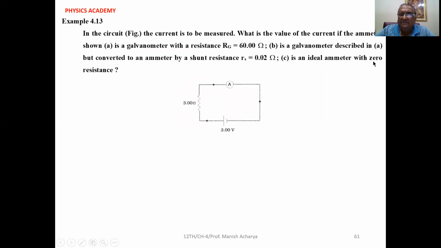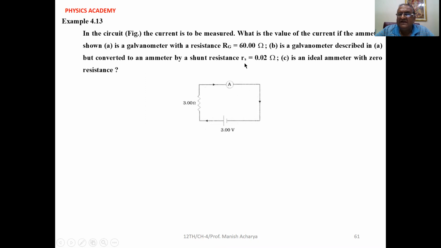C is an ideal ammeter with zero resistance. So first we have to consider the resistance of this, that is 60, and calculate the current. Then this galvanometer is converted into an ammeter by this shunt. So we have to calculate the resistance of this one.